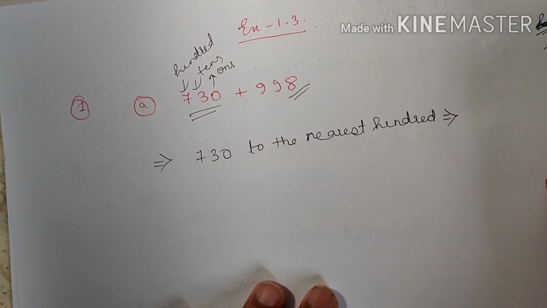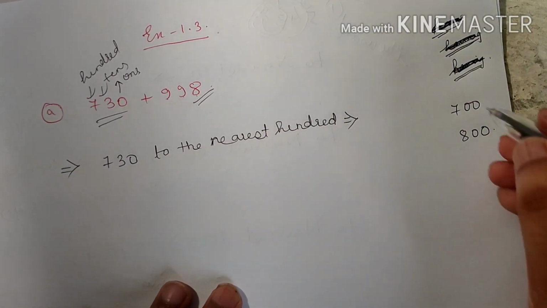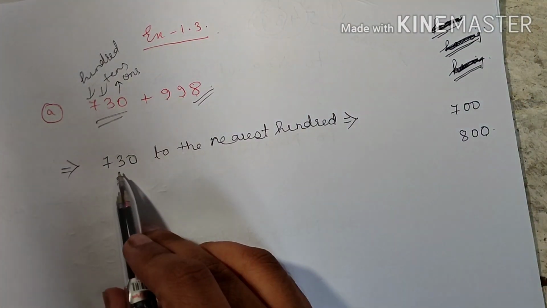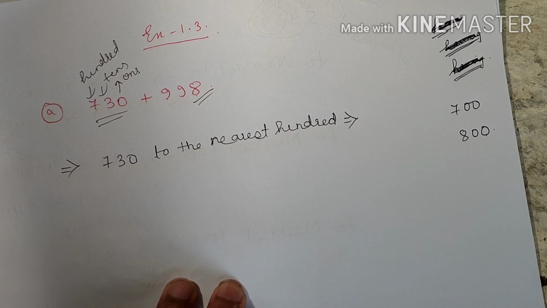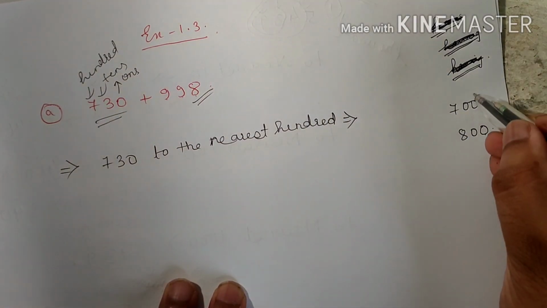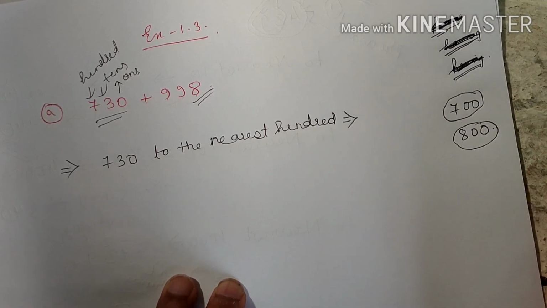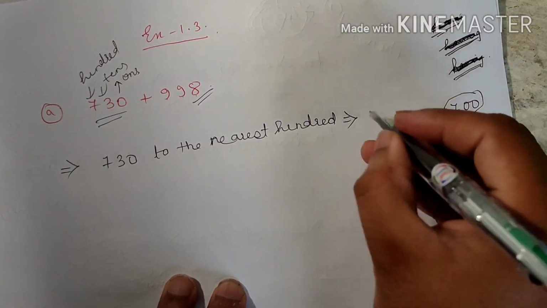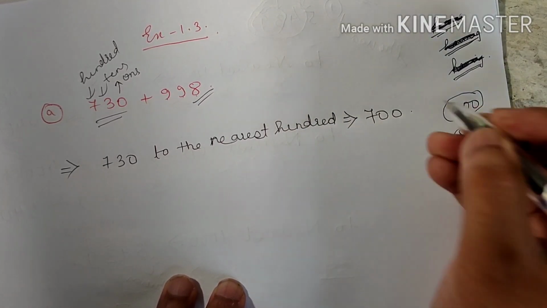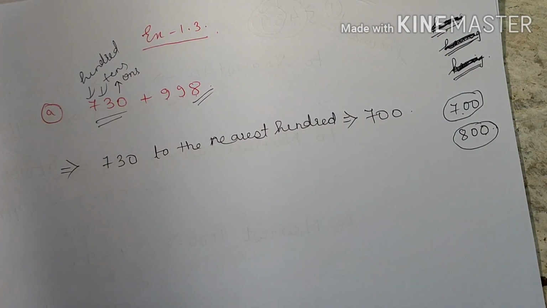Either we will have 700 or 800, isn't it? For the nearest 100, 730 lies between 700 and 800. Now tell me which one is nearer. Is 700 nearer to 730 or 800 nearer to 730? So you can see that 700 is nearer to 730. So this will be the nearest 100.